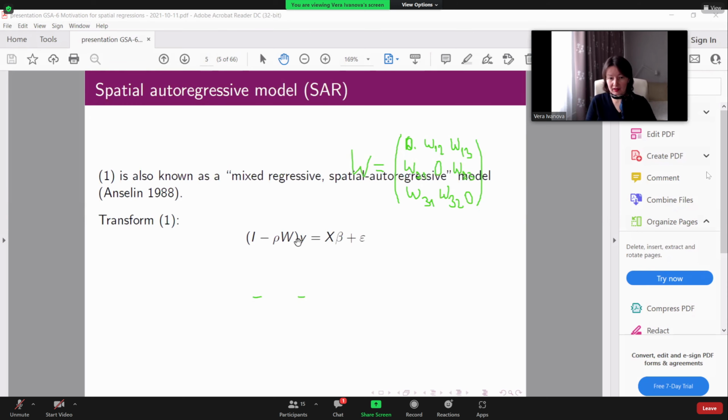And then we group this matrix term, where I is the identity matrix, единичная матрица. Вынесли матричный множитель единичная матрица минус ρW, умноженная на зависимую переменную. So we construct this.